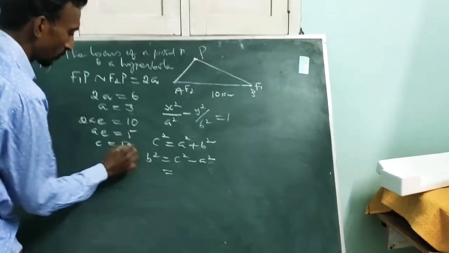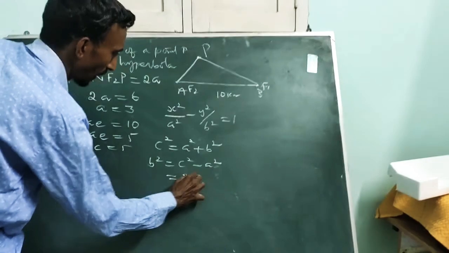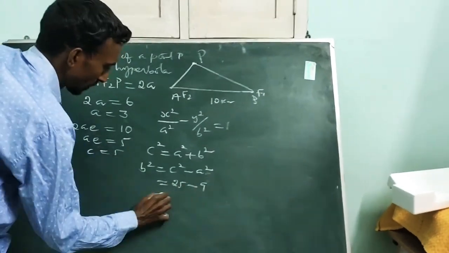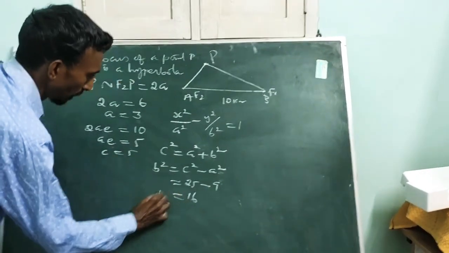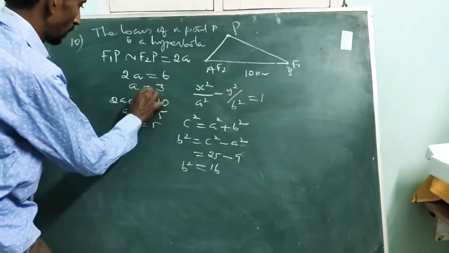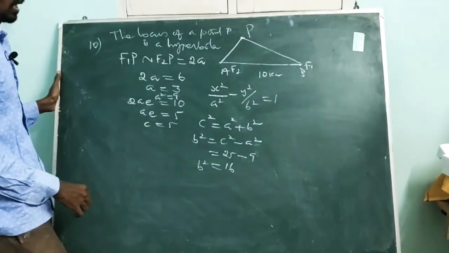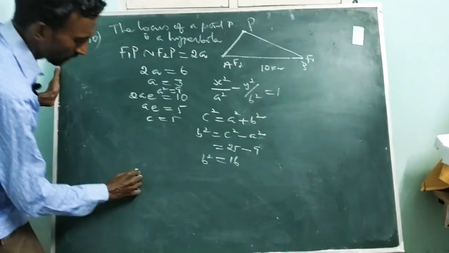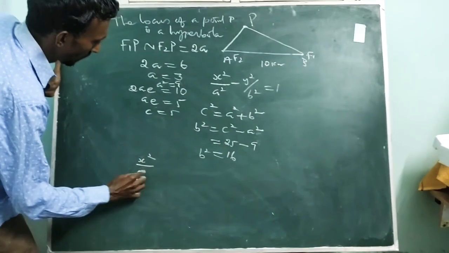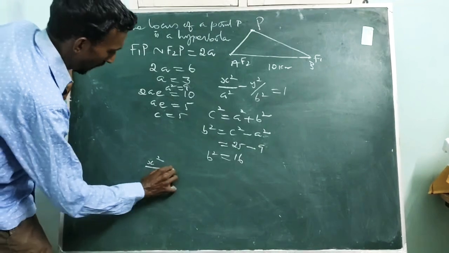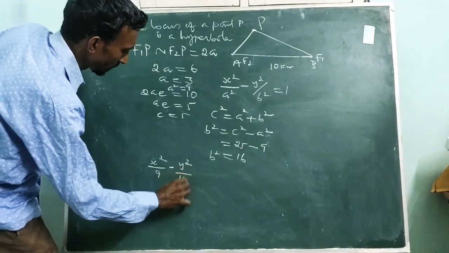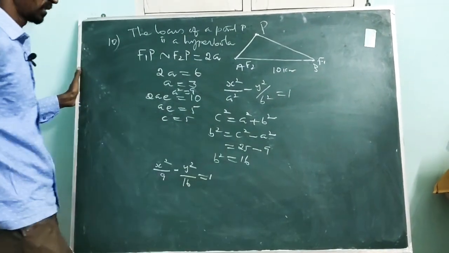So c square is 5 square, 25 minus 9, so b square is 16 and a square is 9. So the locus of the point under this condition is x square by 9 minus y square by 16 equal to 1. That is the required answer.